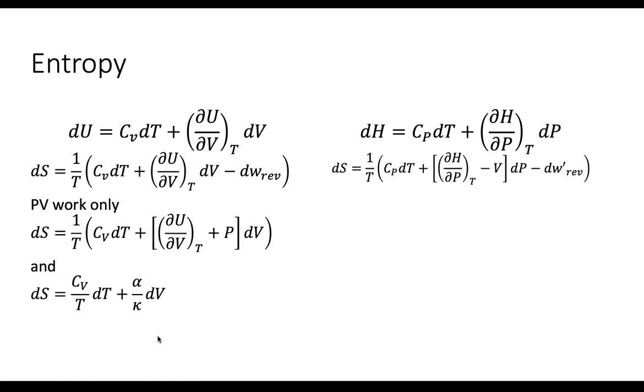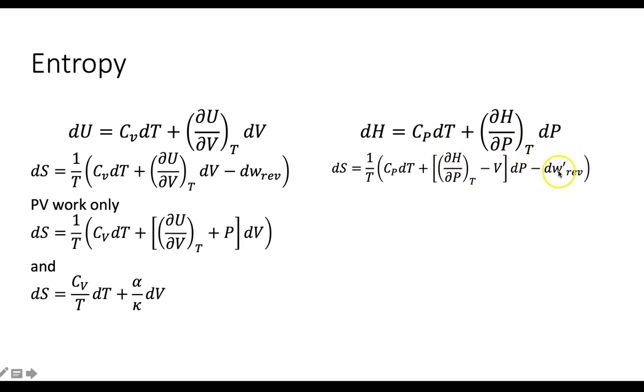And we do the same thing for H. We have our differential equation for H in terms of T and P. So notice we expanded U in T and V. We always do that for U. We always do this for H, because those are the natural variables for those two. Actually, it's the whole reason why we introduced enthalpy in the first place. So then we do the same thing. We end up with an entropy term expanded out.